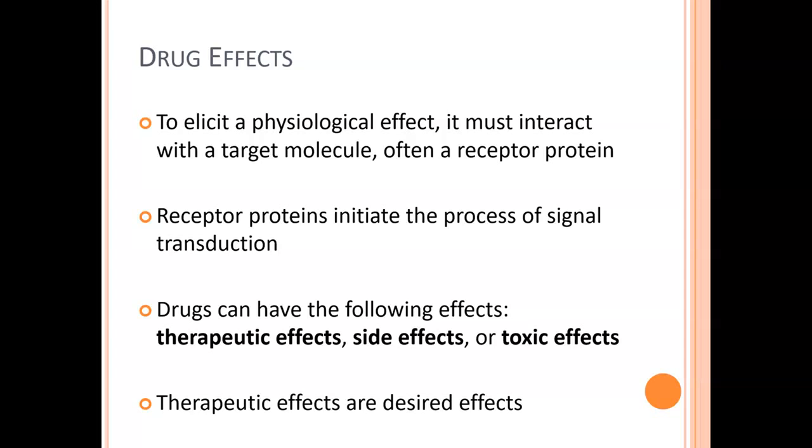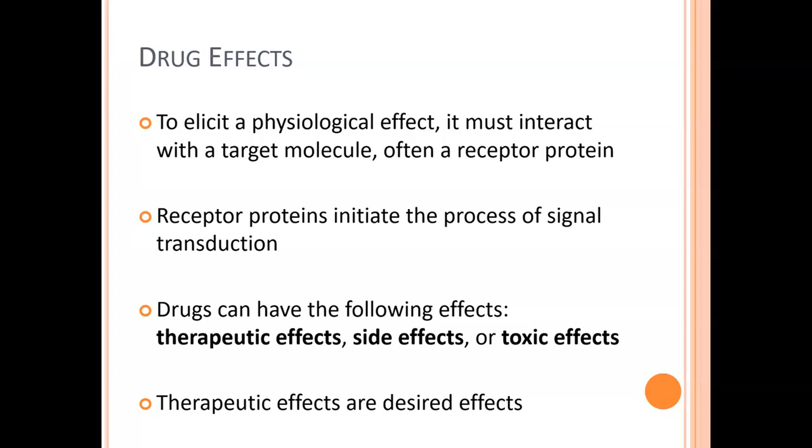There are proteins embedded in the cell wall so that if something happens on the outside, there is a chemical transformation that then occurs on the inside of the cell, and that is called signal transduction. It's kind of like a chain of dominoes. So we have our drug, it hits the first domino on the outside of the cell wall, that domino falls over, something happens on the inside of the cell, so that's a domino hitting another domino, and then chemical transformations take place, who knows, something gets triggered inside the cell, so more dominoes are falling down.